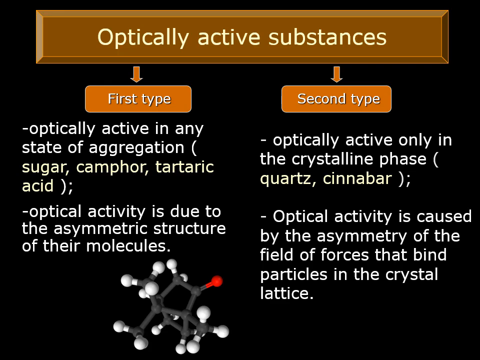This very optical activity is due to the asymmetric structure of the molecules of this substance. Optically active substances of the second type acquire the properties of rotating the plane of polarization only when a number of conditions are met.